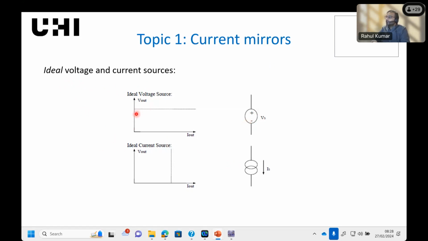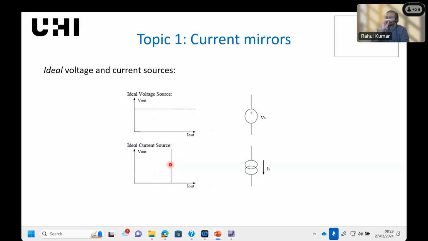So ideally, your battery should give you a constant voltage, no matter what is the amount of current. Right? Similarly, an ideal current source should have a constant current, no matter what the voltage or the supplied voltage is. Right? So this is the ideal current and voltage source.